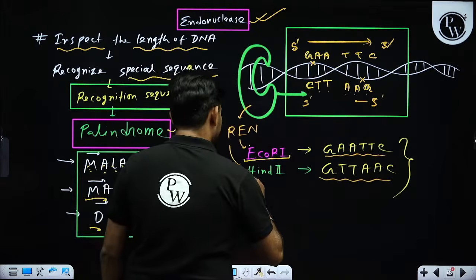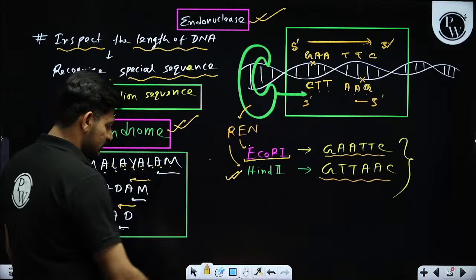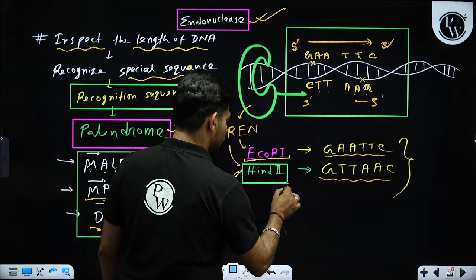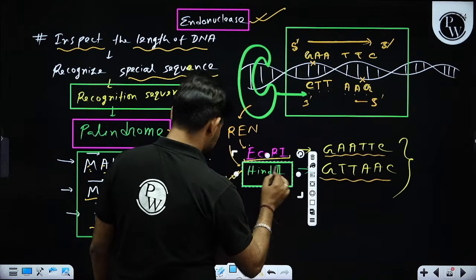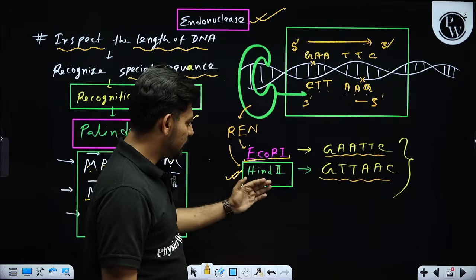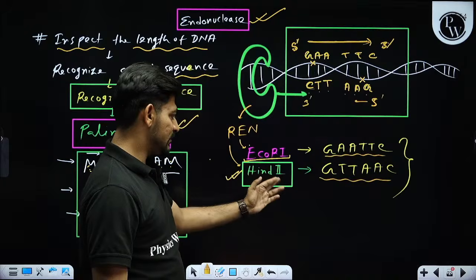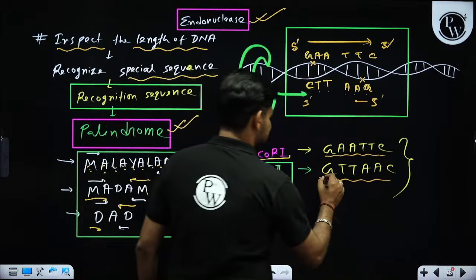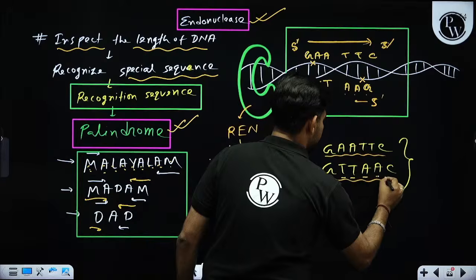Now if we talk about another restriction enzyme, HindII, remember, this is the first discovered restriction enzyme, and the palindromic sequence it searches for is GTTAAC.